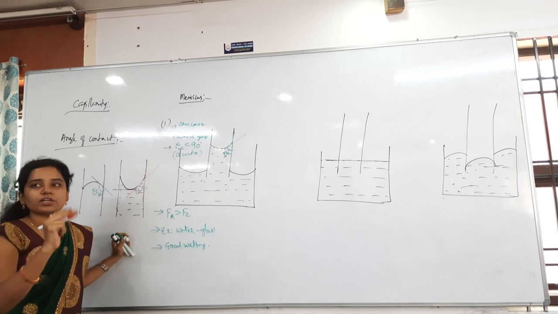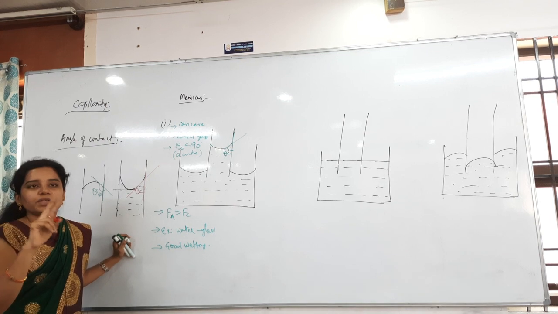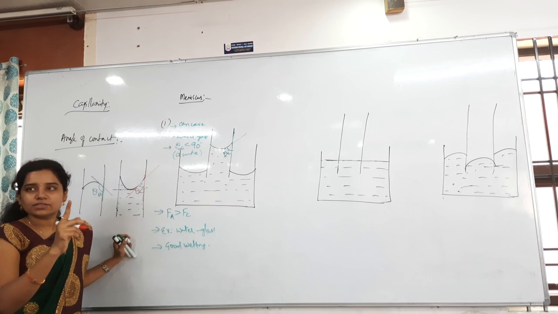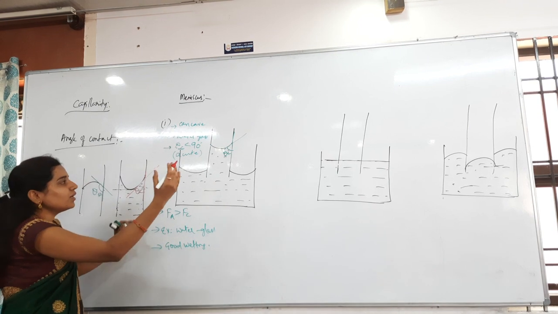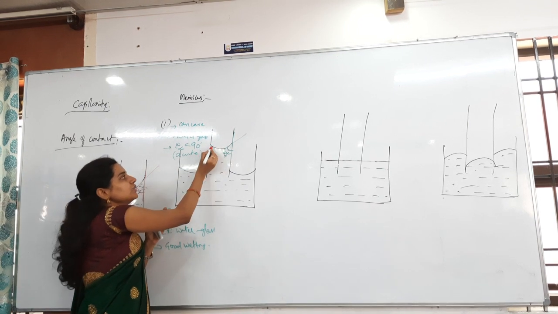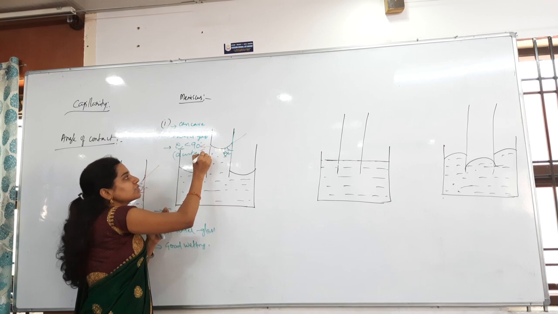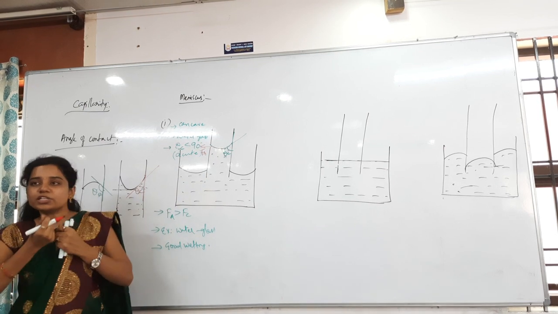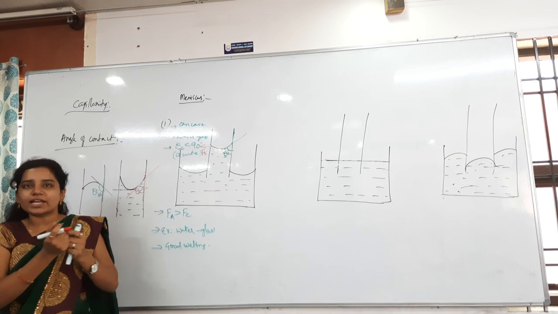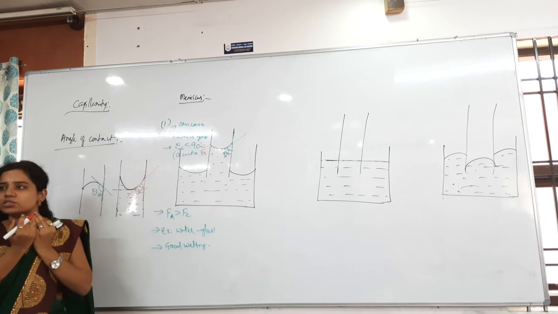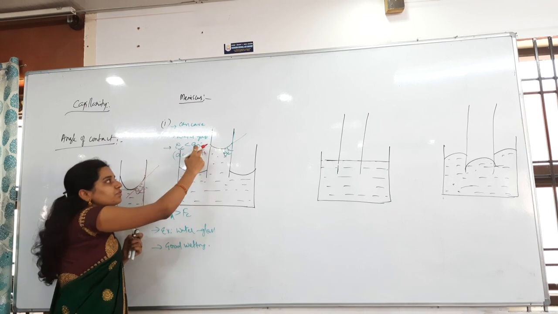Adhesive forces between what? Between water and glass. So glass is pulling the water. Glass is pulling the water, meaning the water is trying to go along with the glass. So this is the adhesive force direction. Why? Because the glass is pulling the water. In which direction is it pulling? It is pulling towards the walls only, obviously. So this is the adhesive force direction.